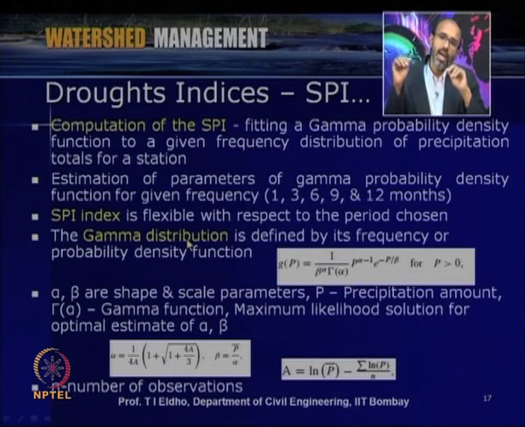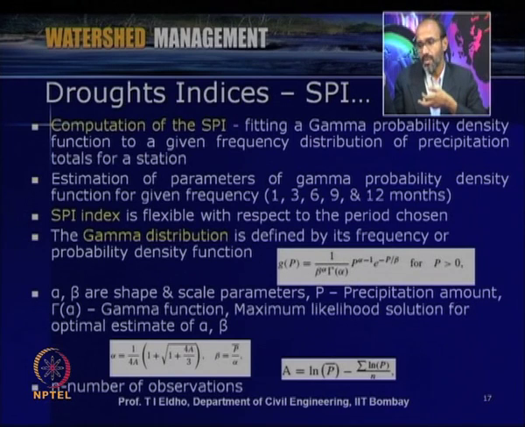So for a particular watershed or river basin, depending upon the number of observations available, we can derive the SPI, the standardized precipitation index, and then identify whether there is any possibility of drought, whether it is moderate, severe or extreme.